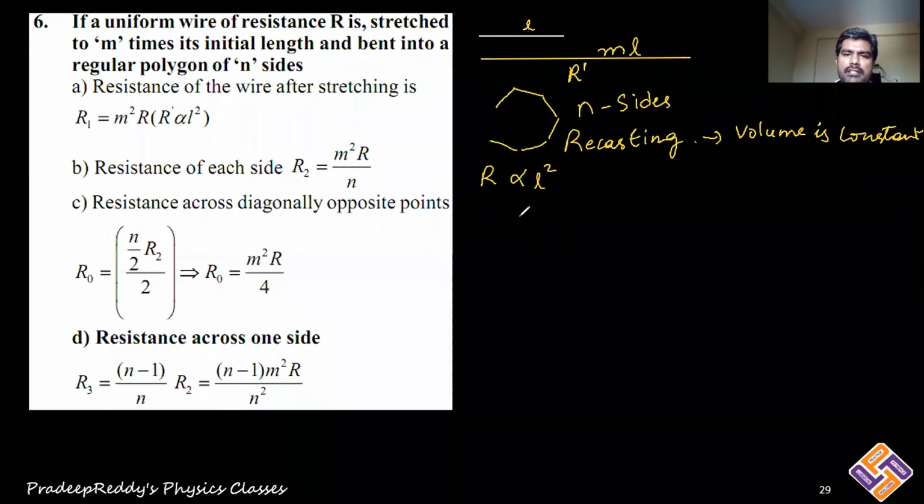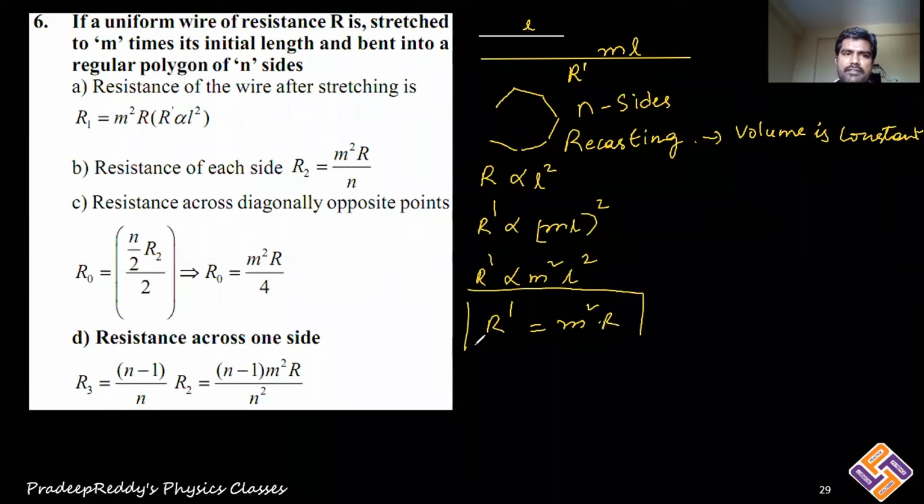Therefore R dash is directly proportional to (mL) whole square, so R dash is proportional to m square L square. Then R dash is equal to m square into L square, which is R. Therefore the final resistance after recasting is m square into R. This is the final resistance.